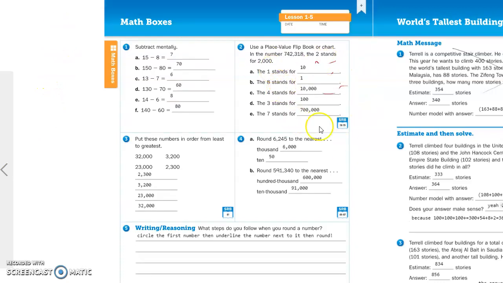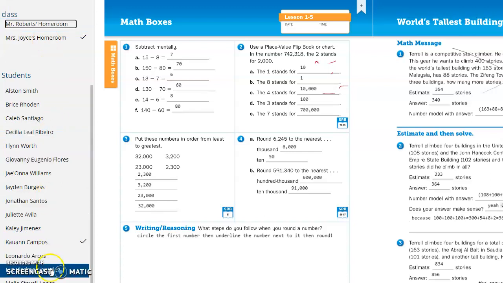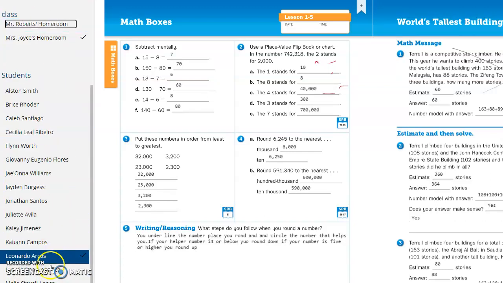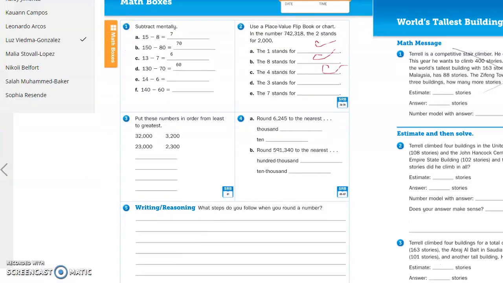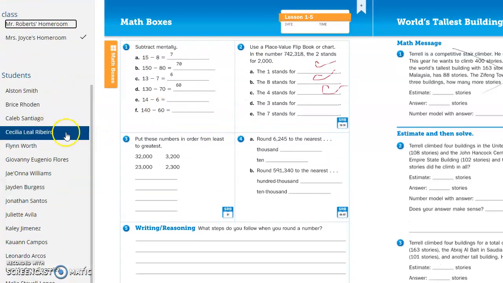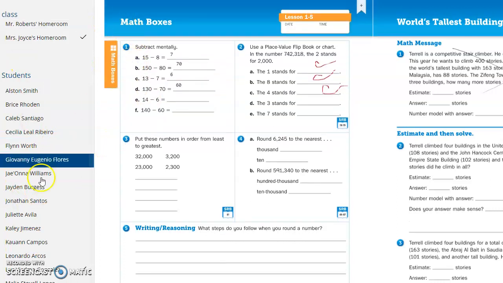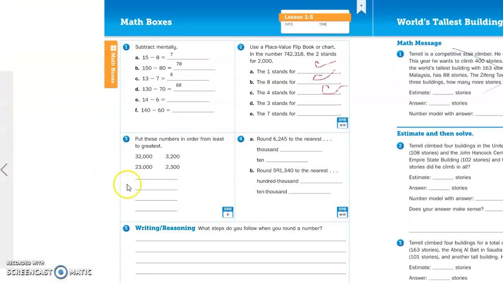I would write a note here because he didn't write the value. He only wrote the place, except for letter E. So you can just go through them one by one. You have access to all your kids' stuff, which is pretty cool. So I'll say, hey, Luz, I noticed you're not on your math boxes yet. Make sure you're working, or whatever the case may be. Okay, so that's pretty cool.